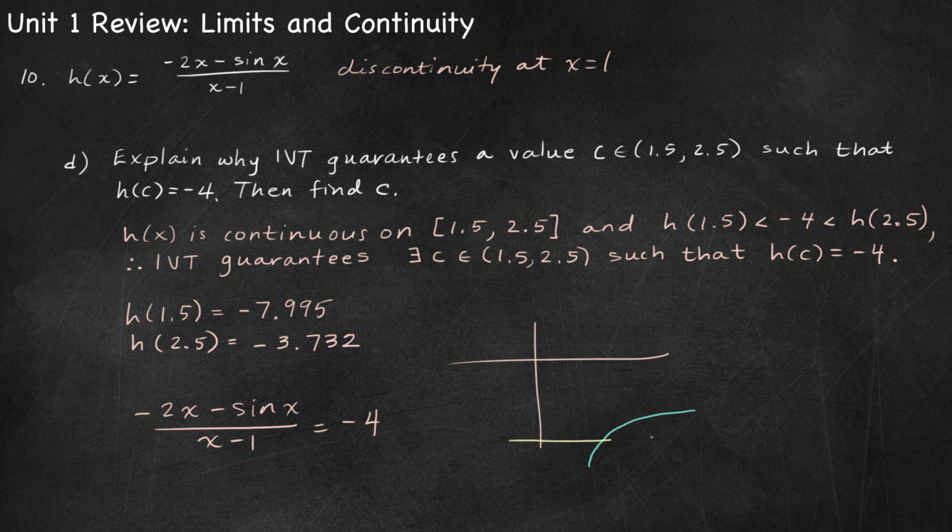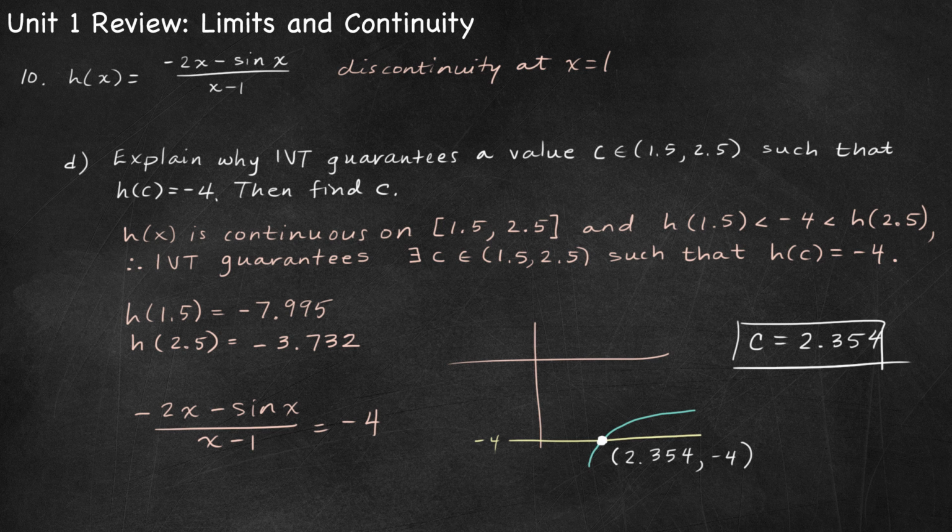Right-hand side, this is negative 4. And we have a point of intersection here at approximately 2.354, negative 4. So our c value is approximately 2.354, and that is indeed in between our x values 1.5 and 2.5.